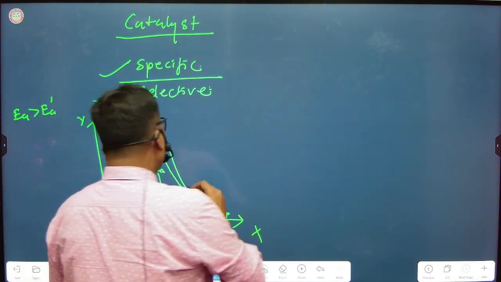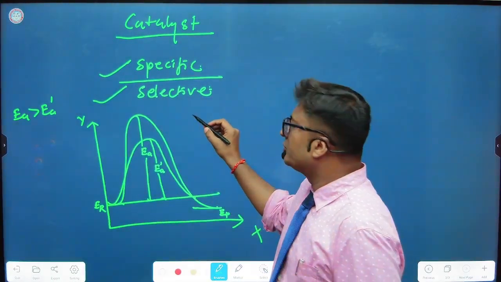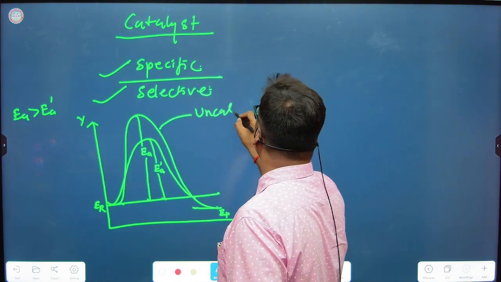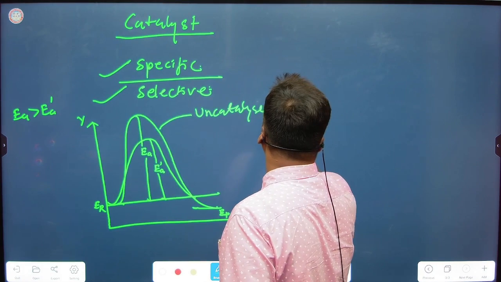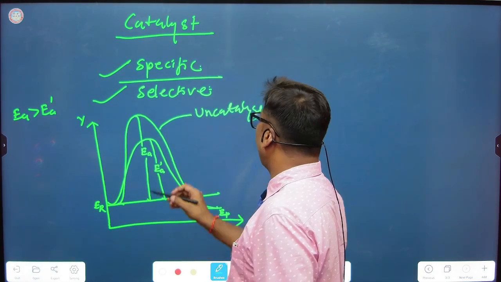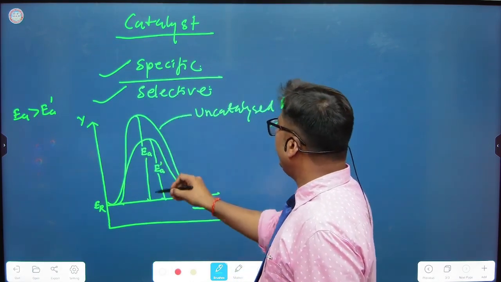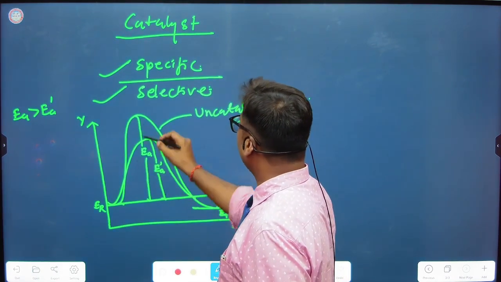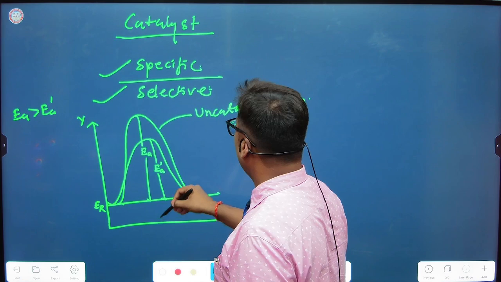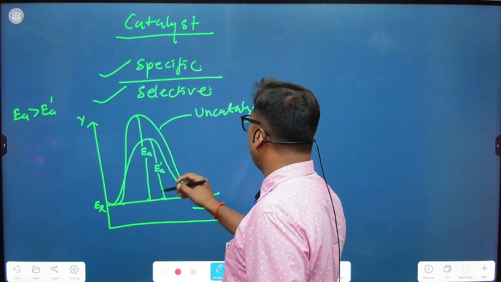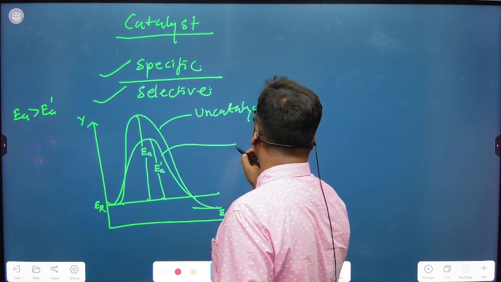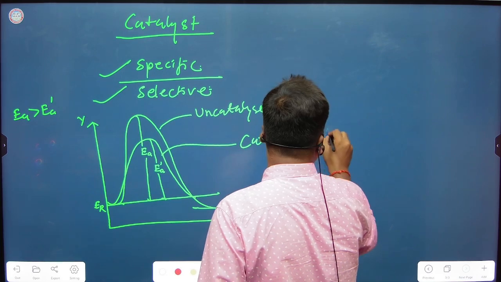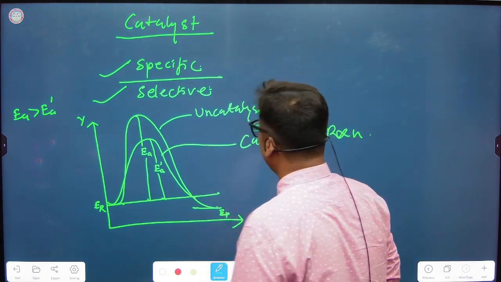So such a type of profile is called an uncatalyzed reaction. And if the energy barrier is reduced, or you can simply say the peak gets shifted to the lower energy side, then such a type of profile is called a catalyzed reaction, right?